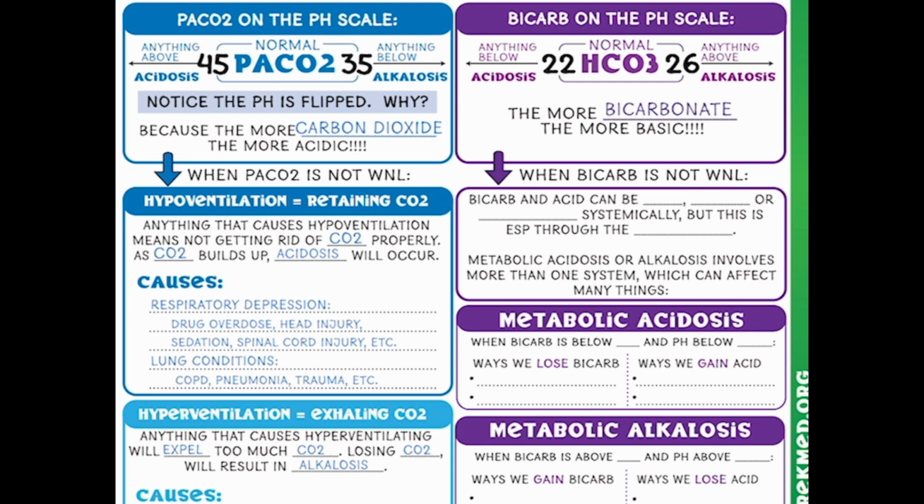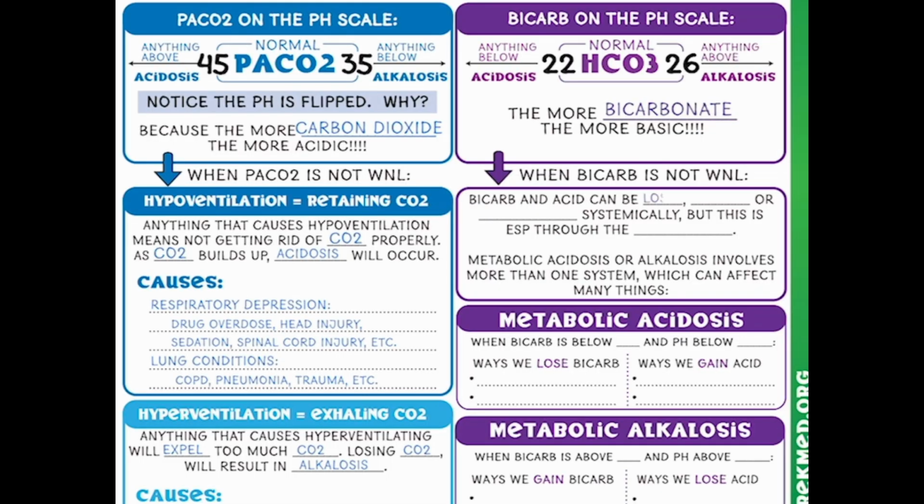When our bicarbonate is not within normal limits, then we're going to see our body be either in metabolic acidosis or metabolic alkalosis. So bicarb and acid can be lost, gained, or accumulated systemically, but this is especially through the kidneys. So metabolic acidosis or alkalosis involves more than one system, and this can affect many things.